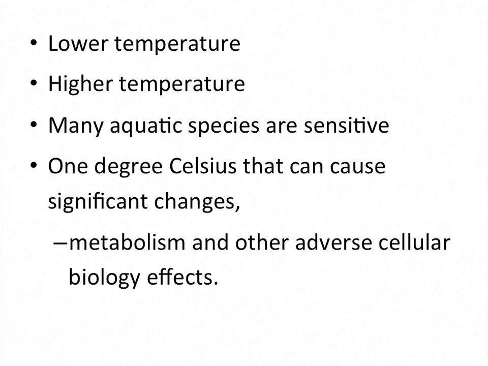For example, many aquatic species are sensitive to small temperature changes, and a change such as 1 degree Celsius can cause a significant change in an organism's metabolism and also create various other adverse cellular biological effects.